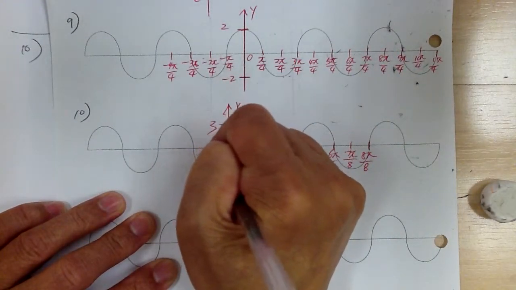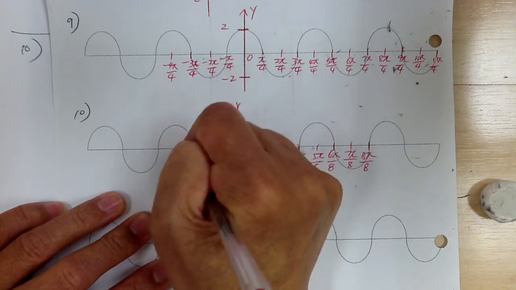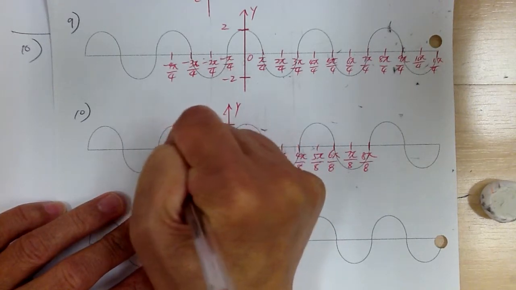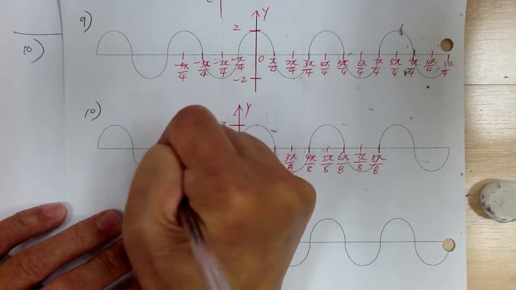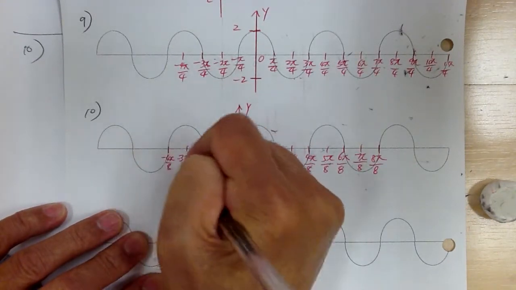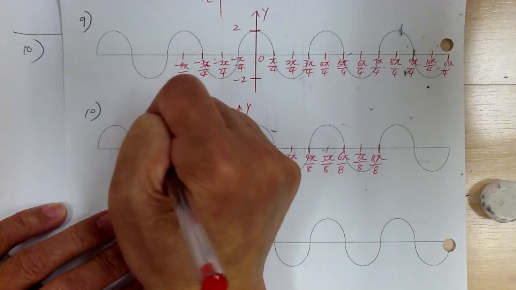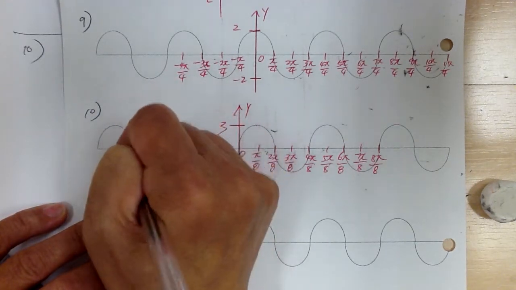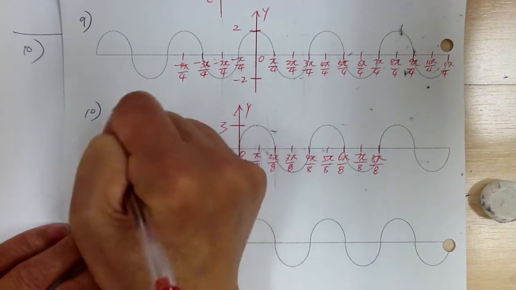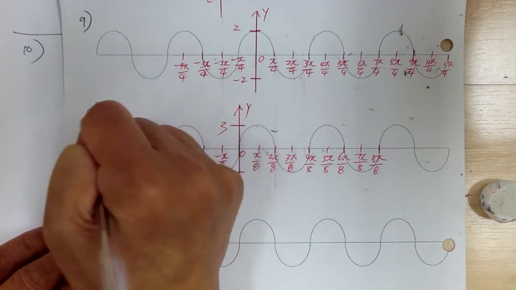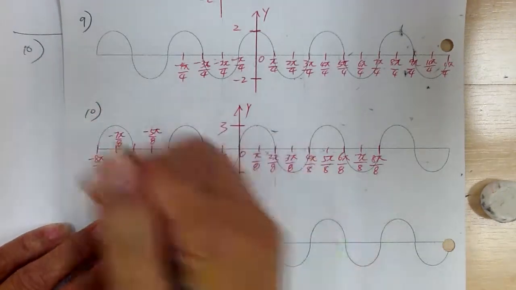So it would be negative pi over 8, negative 2 pi over 8, negative 3 pi over 8, negative 4 pi over 8. Now if you run out of space, if you get too bunched up, it's okay to go up and down. Negative 5 pi over 8, negative 6 pi over 8, negative 7 pi over 8, negative 8 pi over 8.